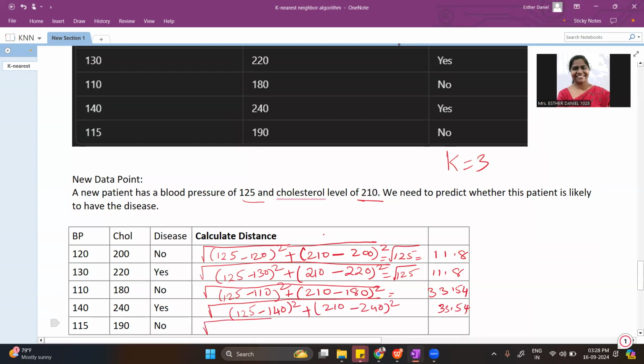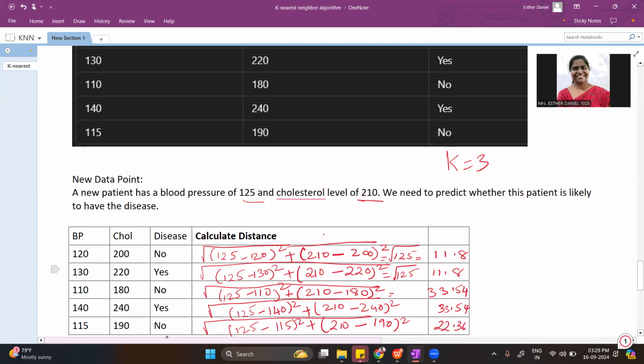And for the last patient, these are all labeled data, so (125 minus 115) whole square plus (210 minus 190) whole square. The value comes to 22.36.